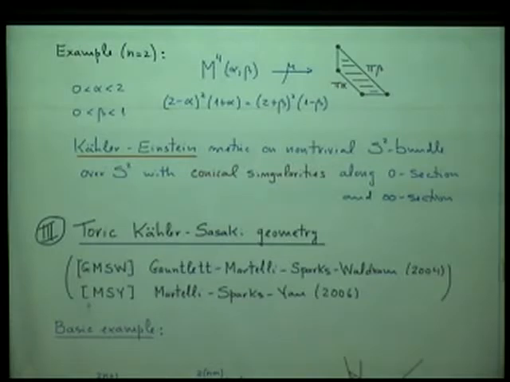So let me go now to a second part of the story, which is toric Kaehler-Sasaki geometry, and how some other people smarter than me, but in a different approach, made very good use of this. So these are Gauntlett, Martelli, Sparks, and Waldram, which is a group of mathematical physicists that wanted to build some examples of AdS/CFT correspondence, which I don't know what it is.